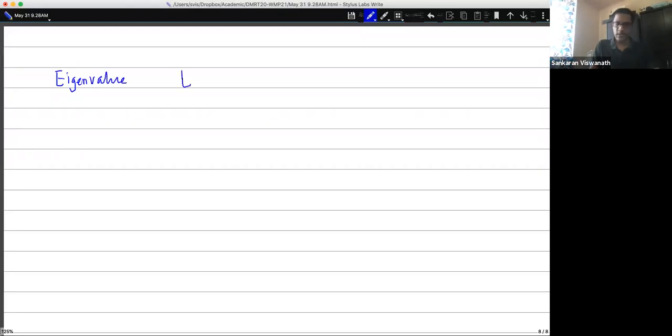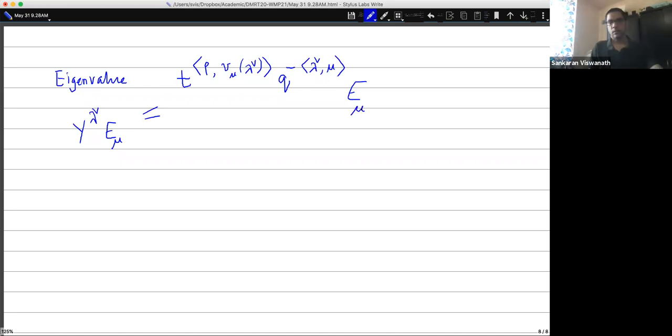It's t raised to the rho v mu lambda check, and q raised to the minus lambda check. So this is the eigenvalue when you make y lambda check act on e mu; it gives you this multiple of e mu. So the proof itself is just the commutation relation between the intertwiner and the y's.